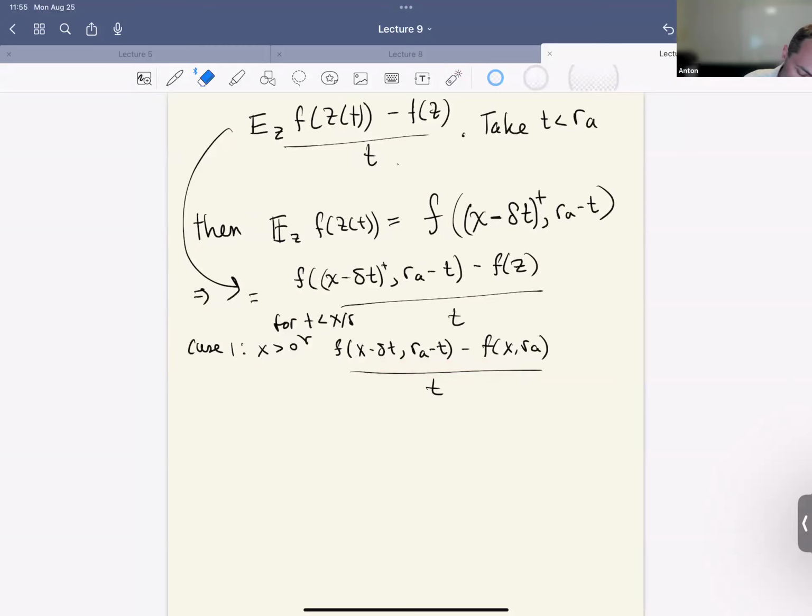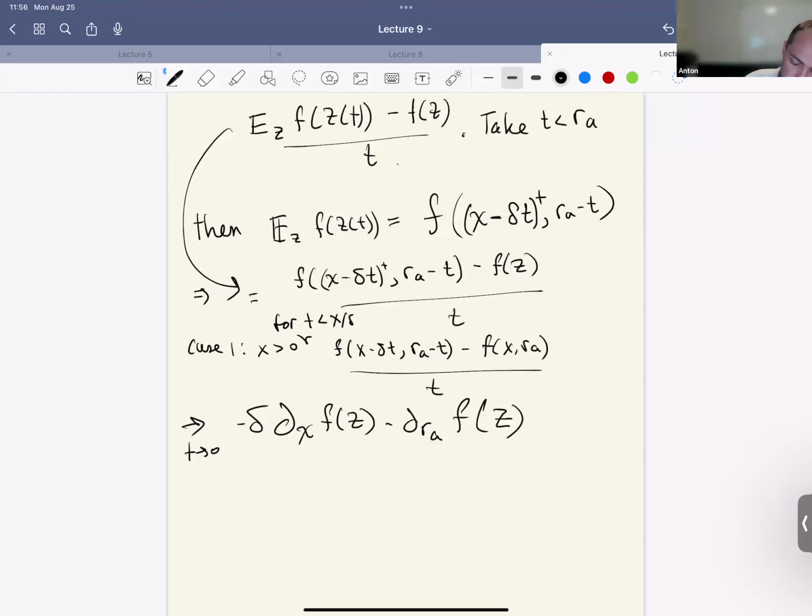And so here it converges to the first order partial derivative with respect to x of f of z, and the workload decays at rate delta. And we have the derivative with respect to the arrival, inter-arrival time. And that's it.